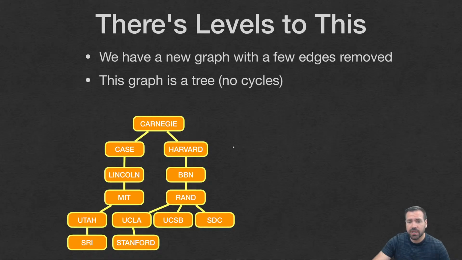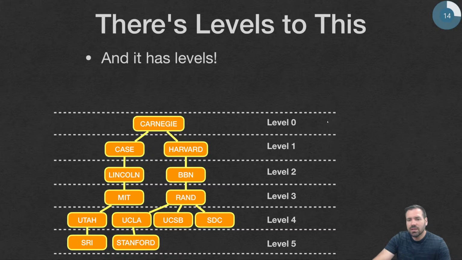So we have a tree here, and it has levels. The way we drew this, it's kind of like our binary trees, except it's not binary because we have this node with 3 child nodes. If we draw our nodes going lower on the slide each time, we can separate these into levels and say we start at level 0, and every time we go down with an edge, we increment the level by 1.